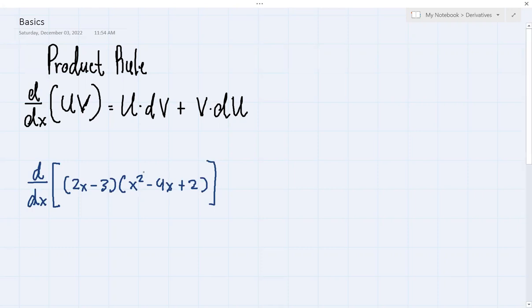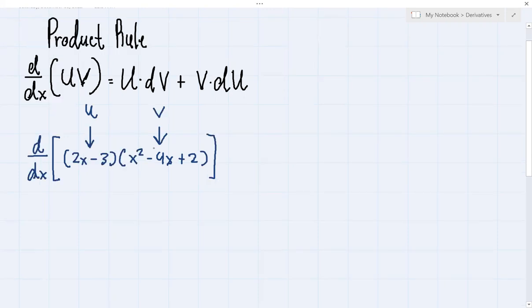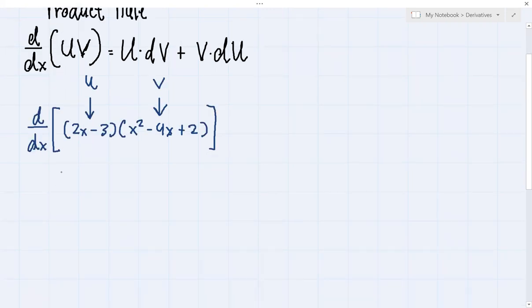So, pick which one is your u, which one is your v. Okay? So, ako, pipili ko si u as 2x minus 3. Tapos, I will let v as x squared minus 4x plus 3.